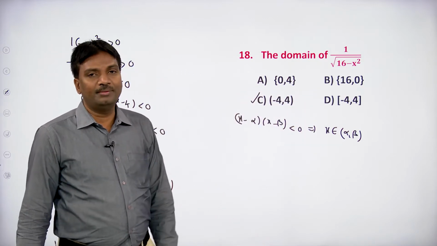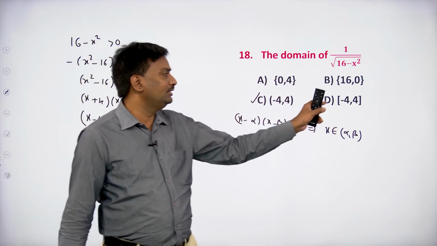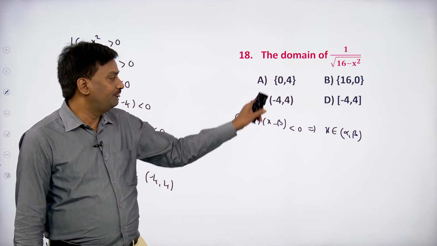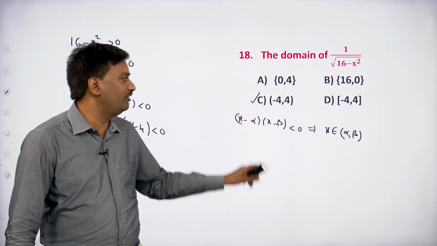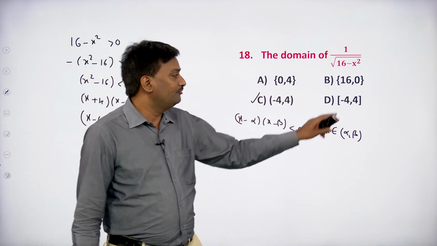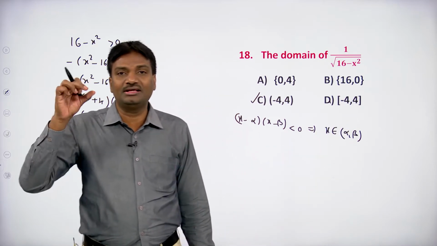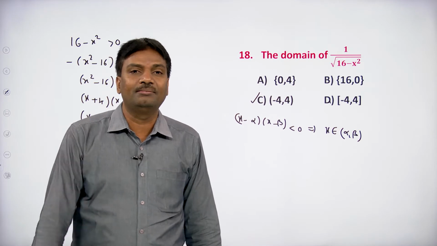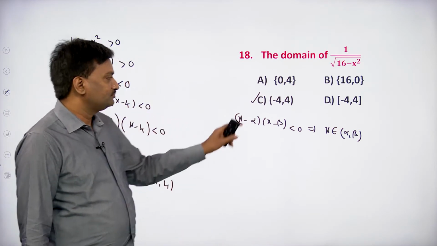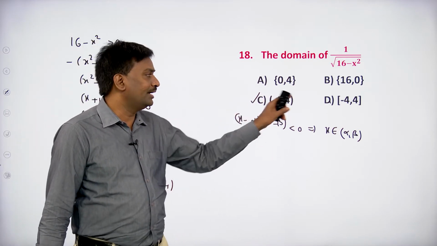But by observing the brackets, here we have the open bracket, here we have the closed bracket. If you have the bracket like this, then we can take the values between minus 4 and 4 only. If you have the bracket like this, then we can consider all values between minus 4 and 4, including minus 4 and 4. So how can we take this bracket or that bracket?